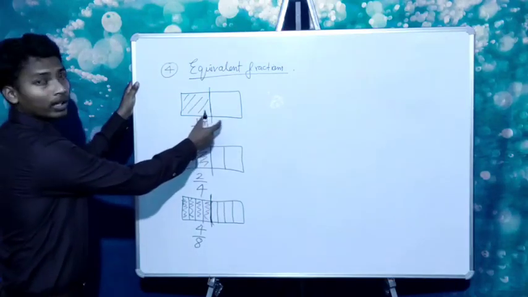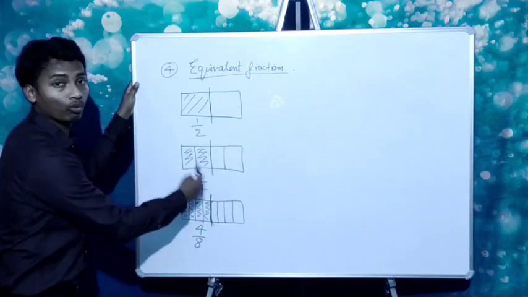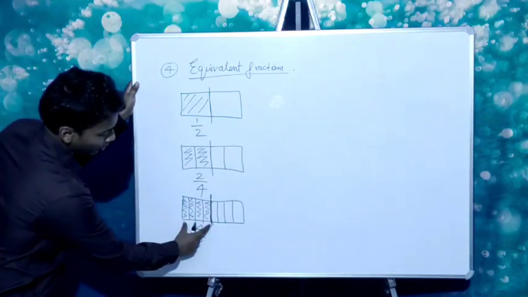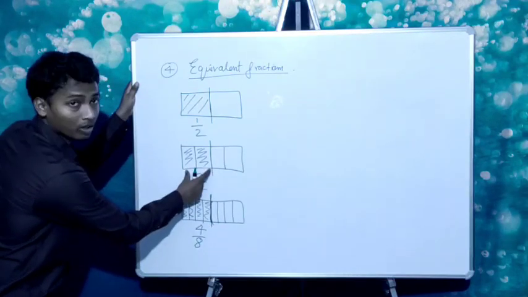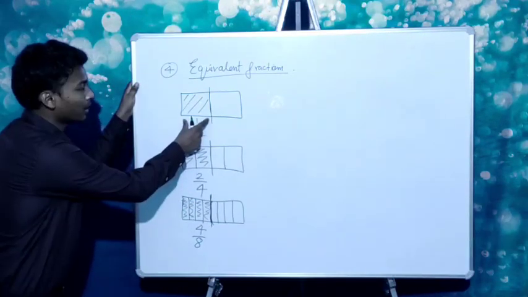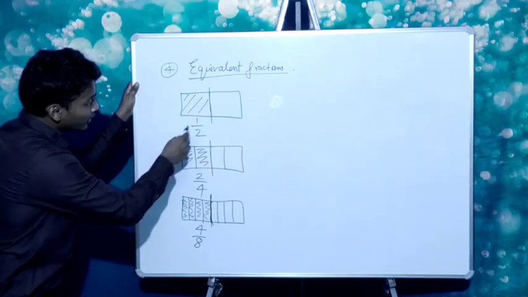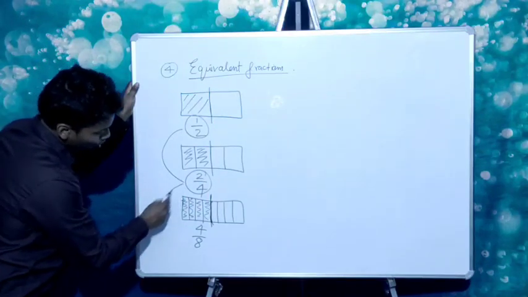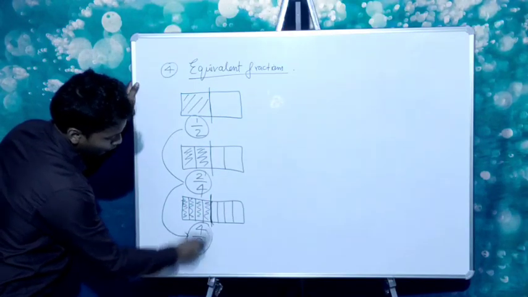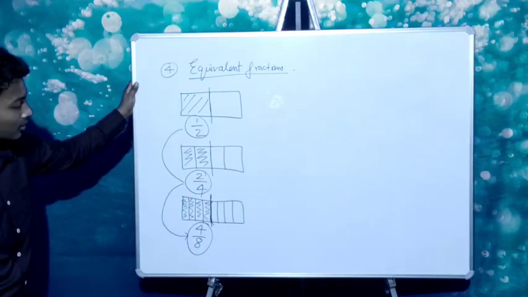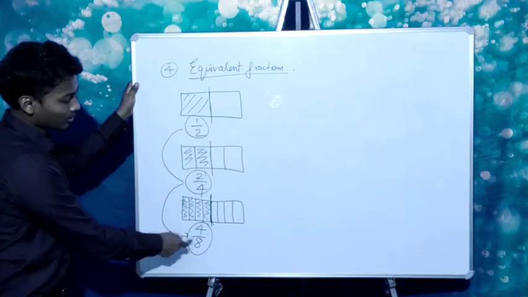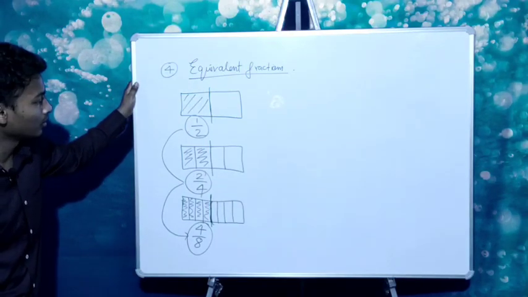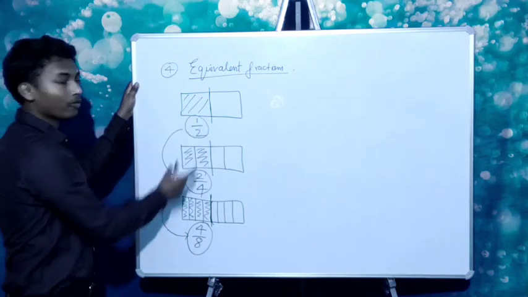Here it was divided into only 2 parts, here into 4 parts, here into 8 parts. If you look at the area or the length of this part, it is the same as the length of this part and this part. So we can say this half is equal to this 2/4 and this 2/4 is equal to this 4/8. Now these fractions are termed equivalent fractions because they are the same fractions.